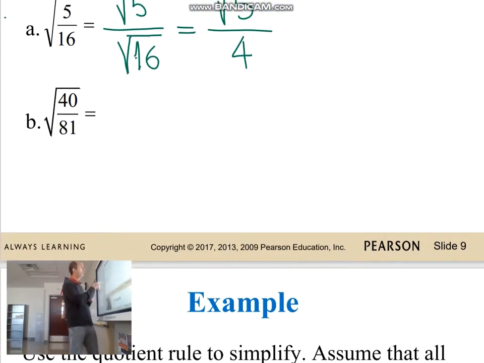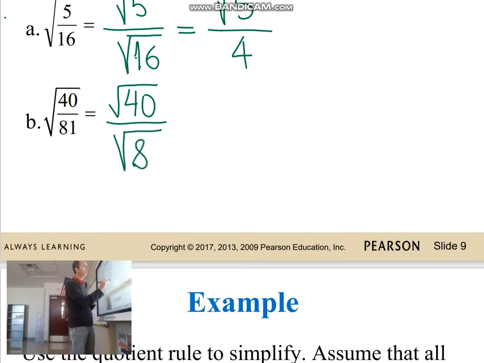Now, the square root of 40 over 81. All right, we can write this as the square root of 40 over the square root of 81. Can we do something to make it nicer and simpler?